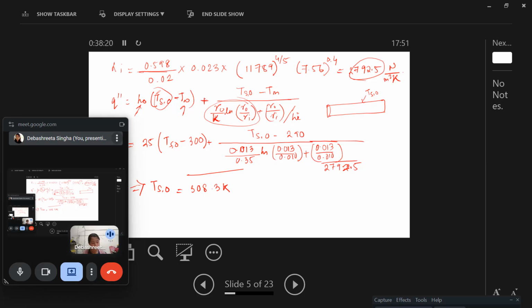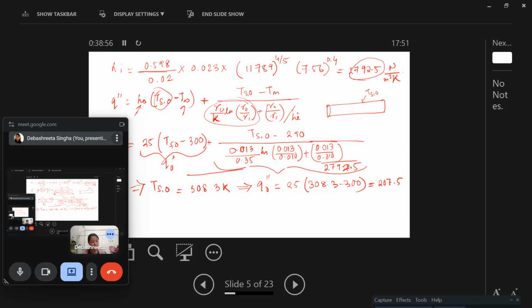Now, this part is the outer Q, I mean outside the coil. So this is Q naught double dash. So from here itself you can get Q naught double dash is equal to the outer flux. So 25 into 308.3 minus 300, we get this as 207.5.